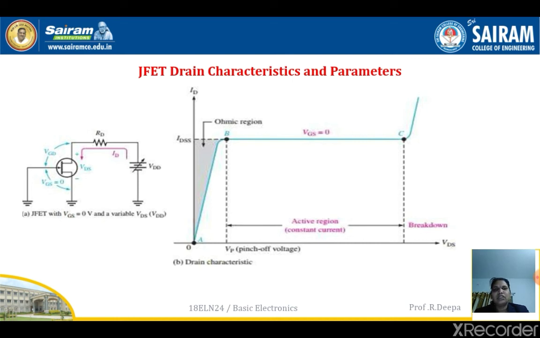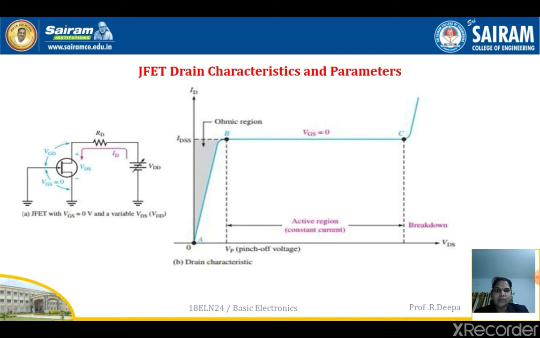This is marked as point B on the graph. Above the pinch off voltage, if I keep on increasing the VDS voltage, the FET becomes saturated, and the current seems to be constant.